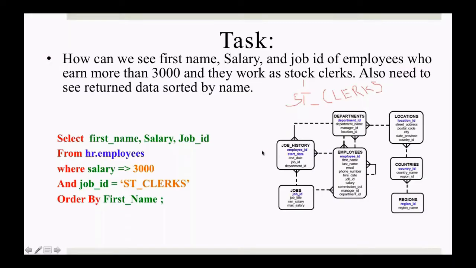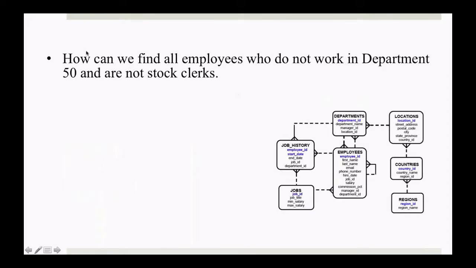Okay, let's go to the next one, and let's try to run this one. How can we find all employees who do not work in Department 50 and are not stock clerks? So this is the department ID. So we do not work in department ID 50 and are not st underscore clerk.